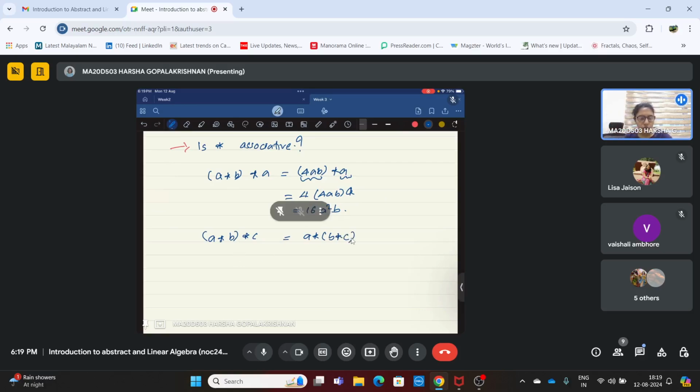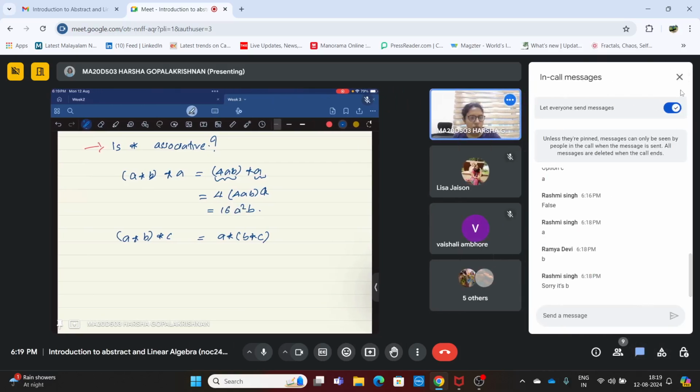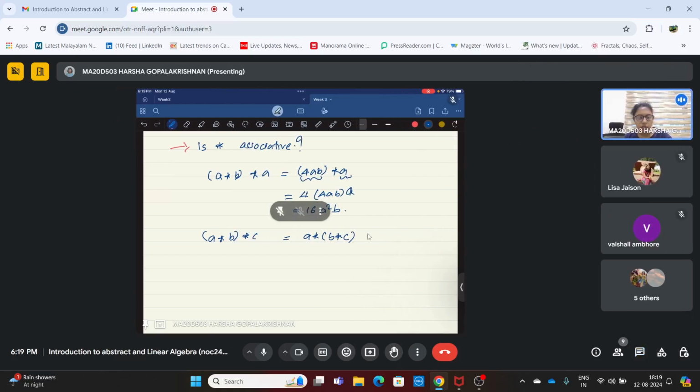Okay, if these two are the same, then we will say it is associative. So what about this one? Is this associative or not? Try both sides, and if both are the same, then it is associative. Otherwise, it is not.